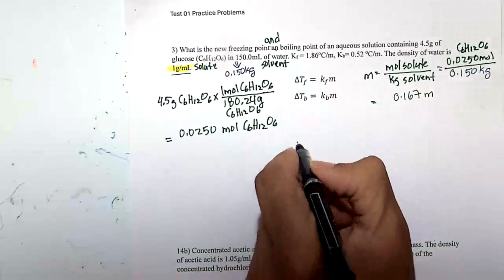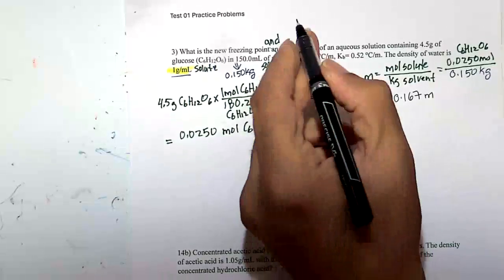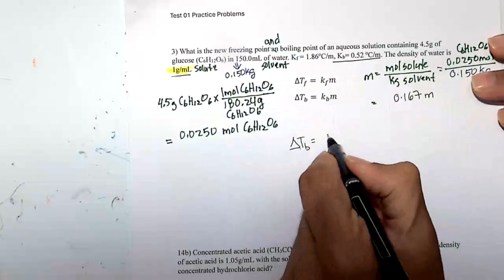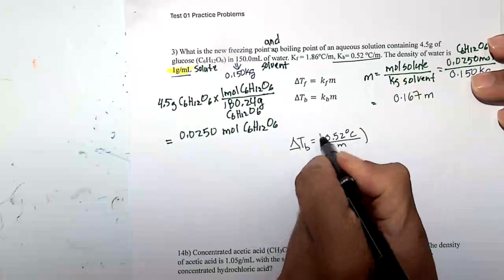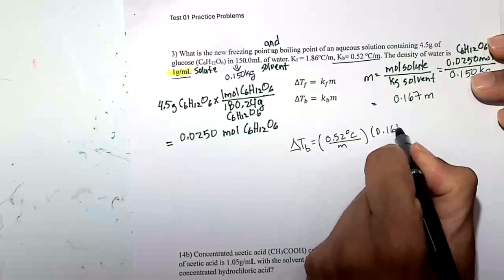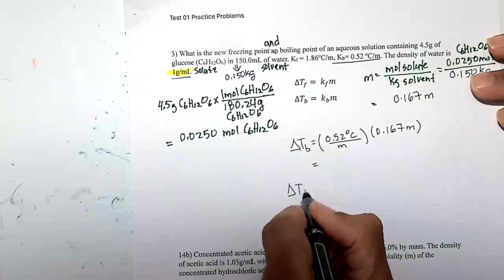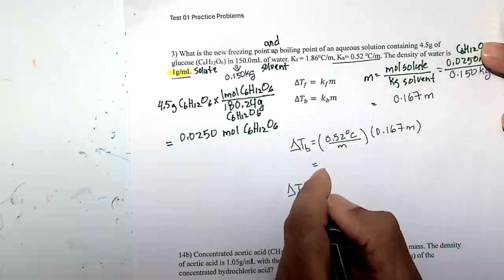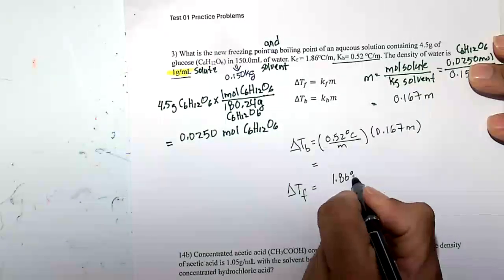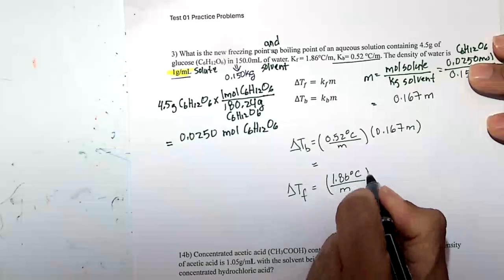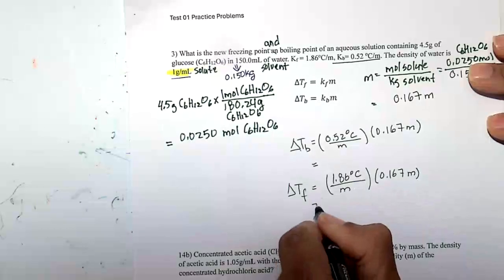All right, let's do the boiling point and freezing point. Kb is 0.52 degrees C per molal, and molality is 0.167. And we'll just do the freezing point too, we'll knock both of them out. Kf is 1.86 degrees C per molal, and our molality is 0.167.